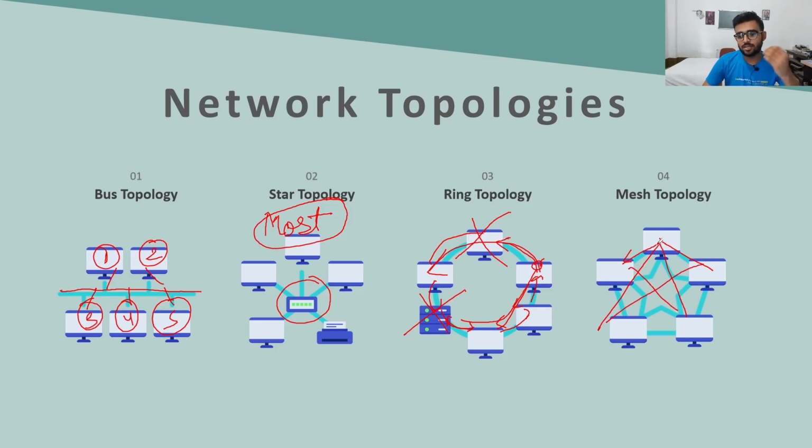The advantage is that if this device breaks down, then this device can send a message to the other device. But the disadvantage is that redundancy happens. So redundancy is the main issue in the mesh topology.